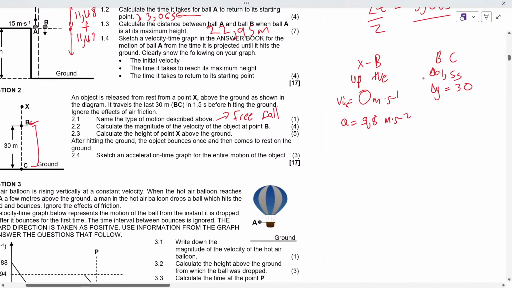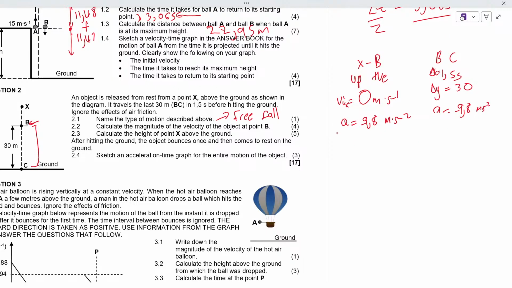But we don't know the final velocity, and the initial velocity is the one that we are looking for. Let me write that here. This is a, which is negative 9.8 meters per second squared.